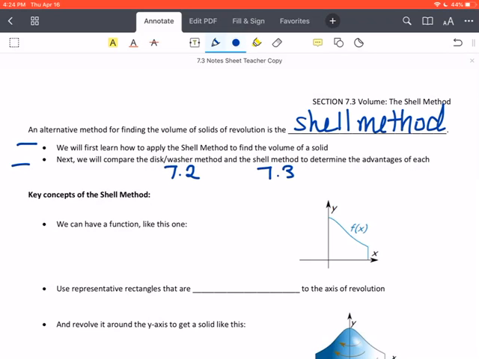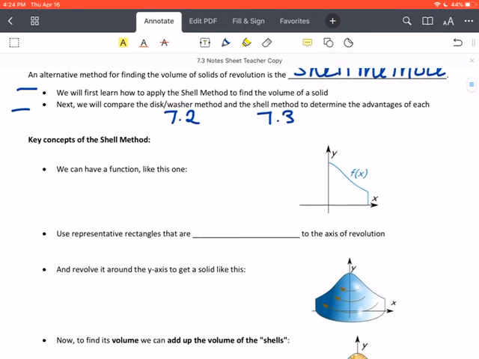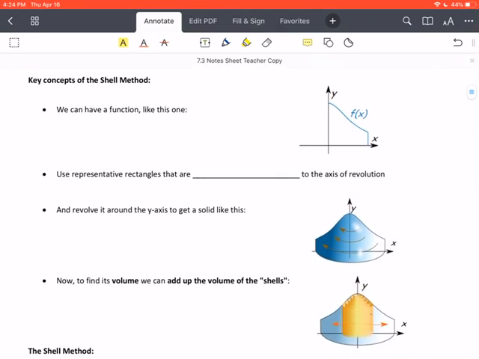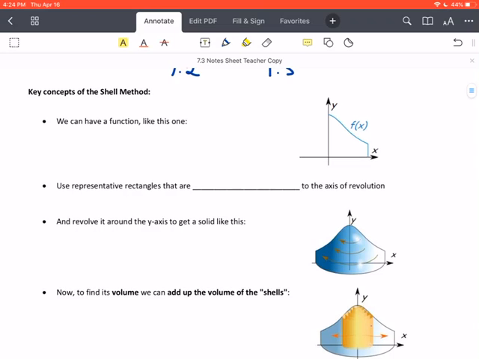So after watching the quick introduction video, some of this will sound familiar, but let's go over the key ideas or concepts of the shell method. We are going to start with a function, a two-dimensional representation of space. So they might say we want to take this space that is bound by the function f of x and rotate it about the y-axis.